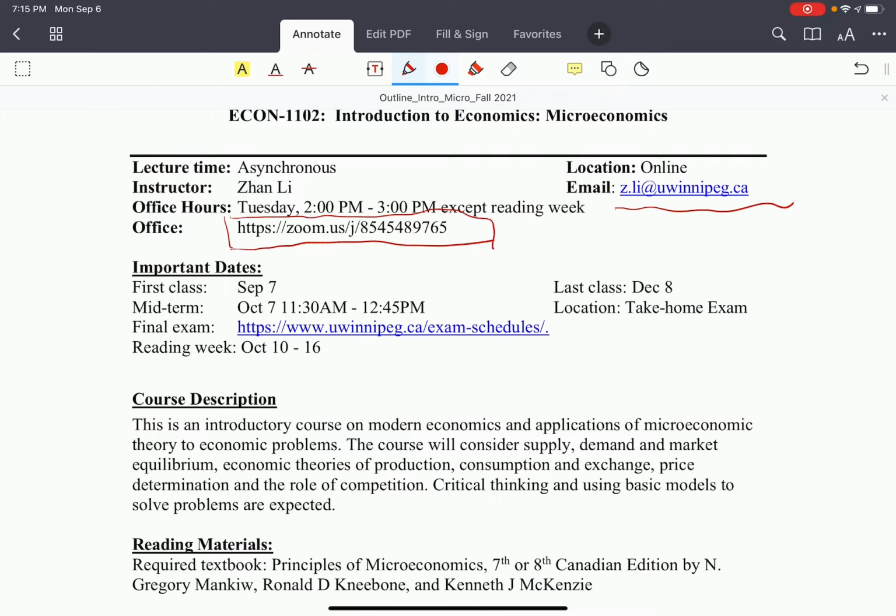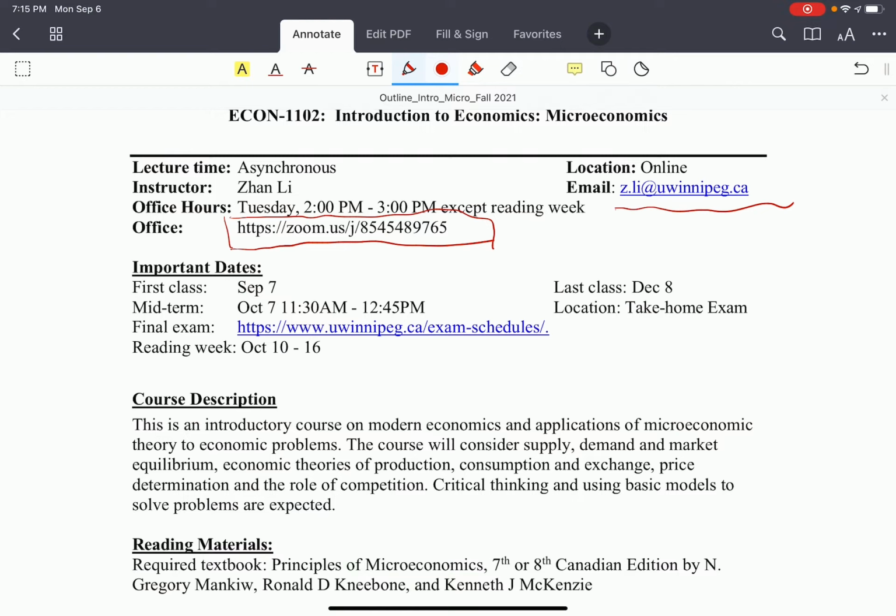This Zoom meeting has no password, so it's easier for you to use. And of course, if this is the first time you use Zoom, I guess you could spend 10 or 15 minutes to learn how to use it. It's quite simple to use.